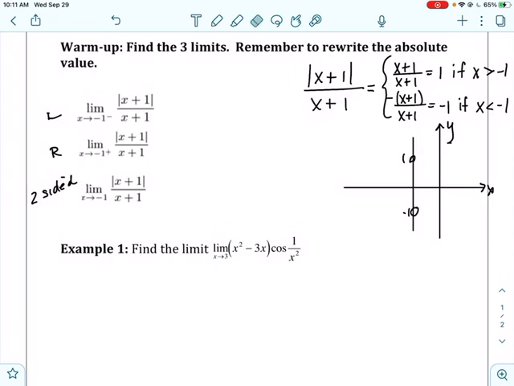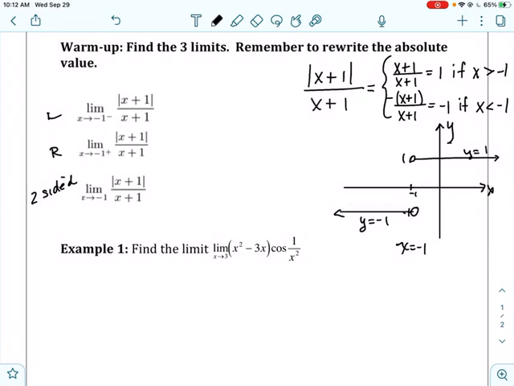If we're considering the line x equal to -1, that's our center focus here. If x is greater than -1, we have the function y equal to 1 above the x-axis, and when x is less than -1, y is equal to -1.